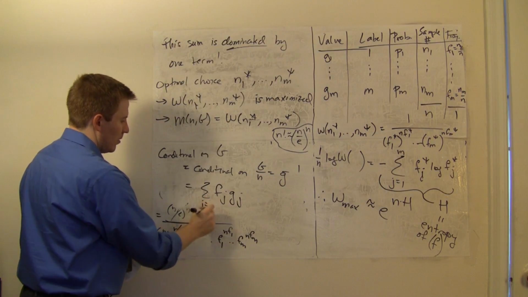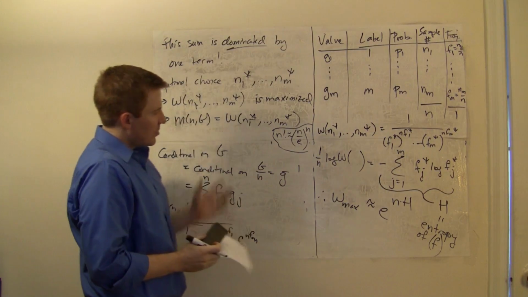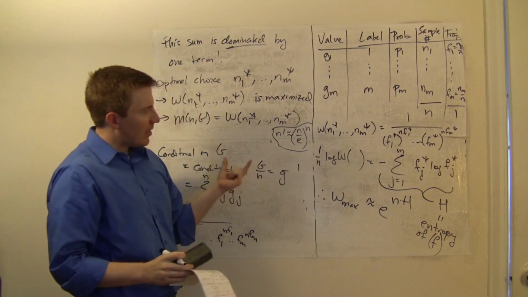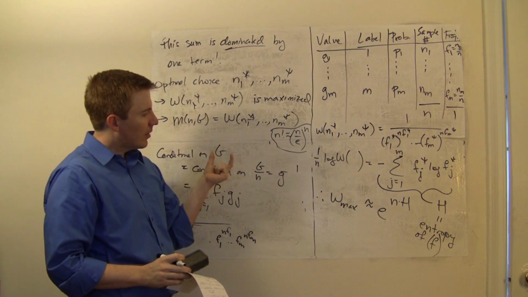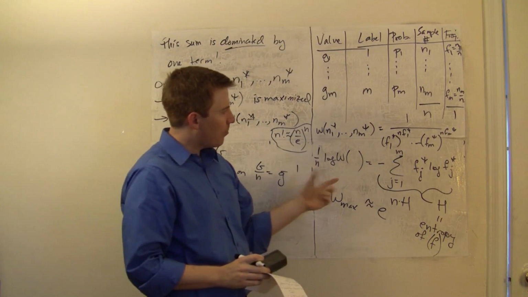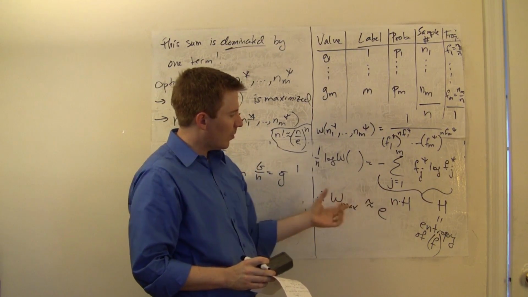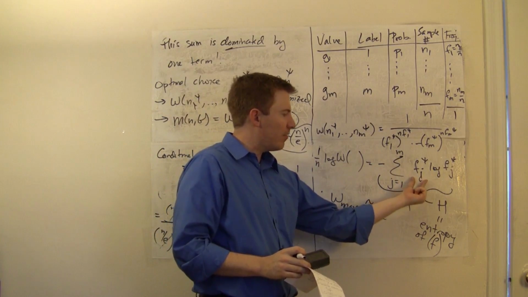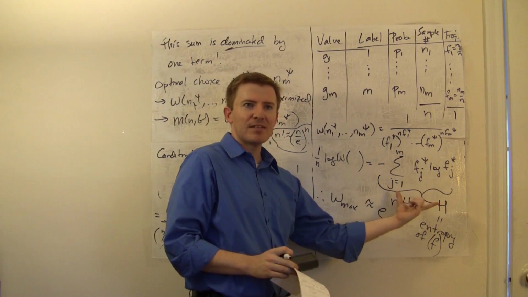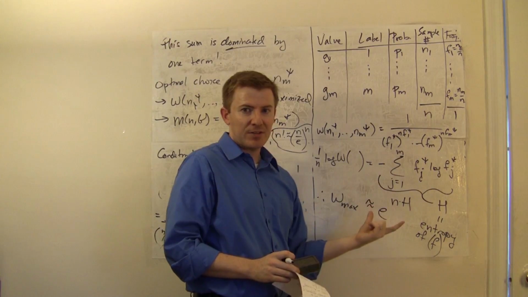So just dividing through by N, conditioning on that weighted average value gives you a probability assignment, or a multiplicity that only depends on the frequency distribution that maximizes the entropy given that constraint.